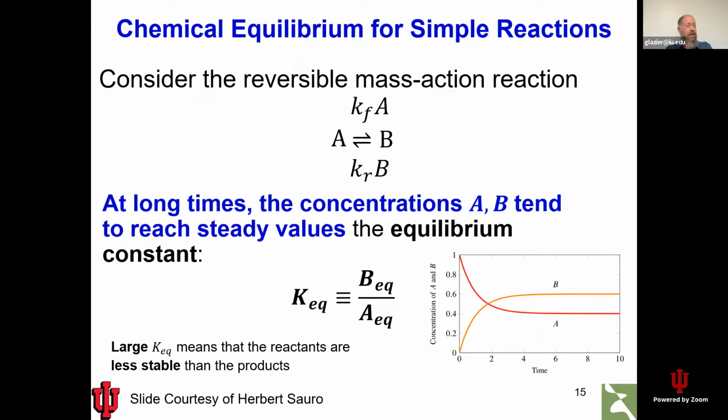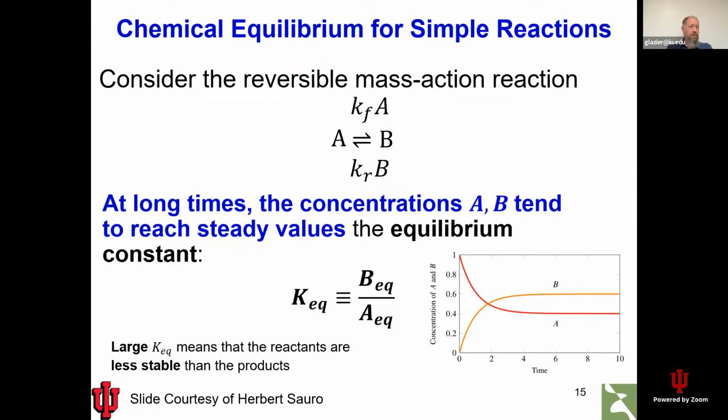So the total amount of material is going to be A0 plus B0, whatever I started with. And if I wait a reasonable amount of time, I'm going to get the final or equilibrium value of B divided by the equilibrium value of A is some constant. The bigger that constant is, the more B I have and the less A I have.